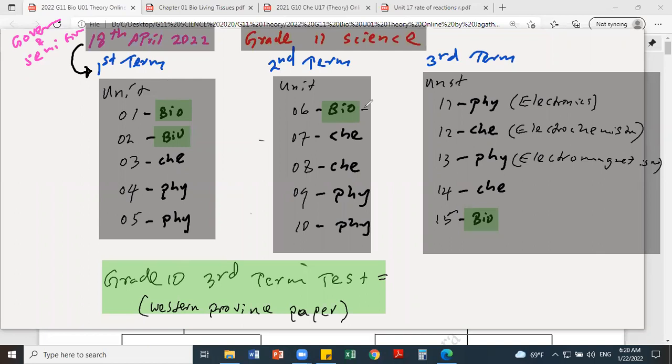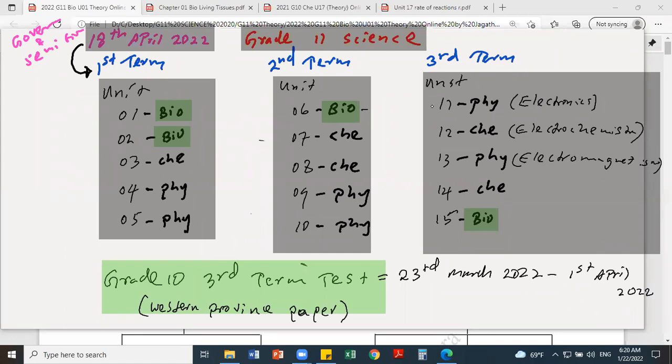Therefore, this will be mostly at the end of March, between 23rd of March 2022 till 1st of April 2022. Within this period you will be getting the Western prize grade 10 third term test, right?